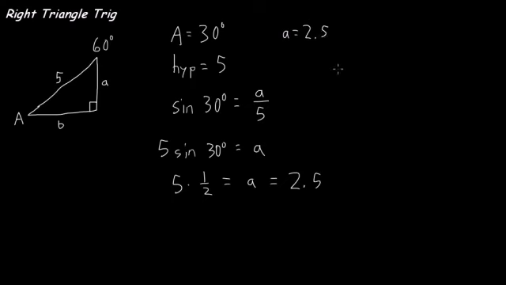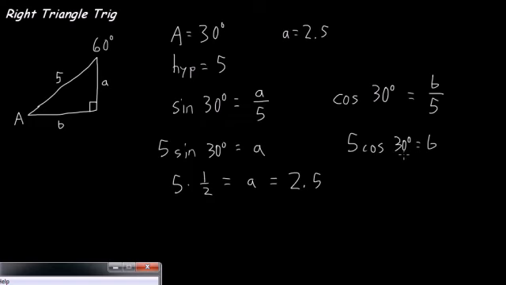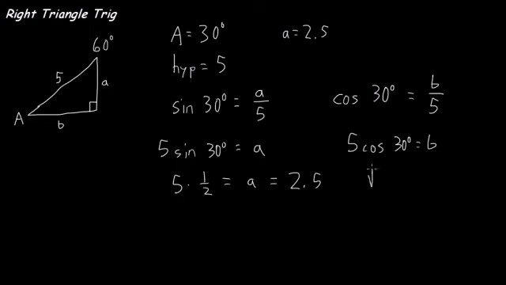Now to solve side B, there are several options. We could use the cosine of 30 degrees to do that. So cosine 30 degrees equals B over 5. Because cosine is adjacent and side B is adjacent to angle A. So 5 times the cosine 30 degrees equals B. If you do cosine 30 on your calculator, you'll get 0.866, which is actually square root of 3 over 2.